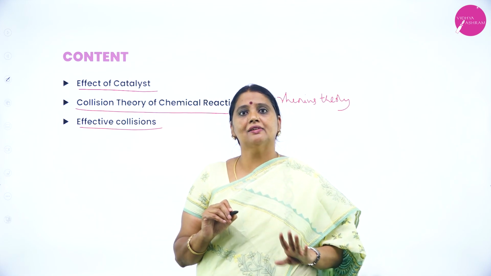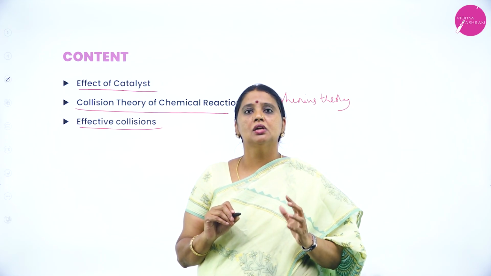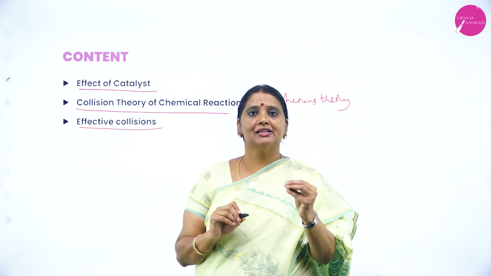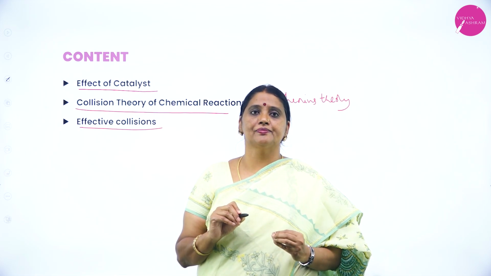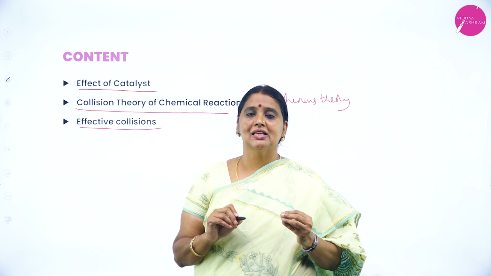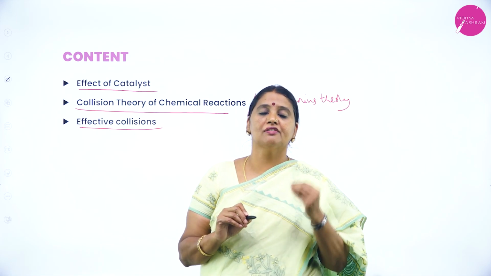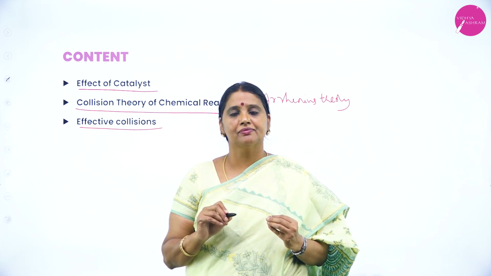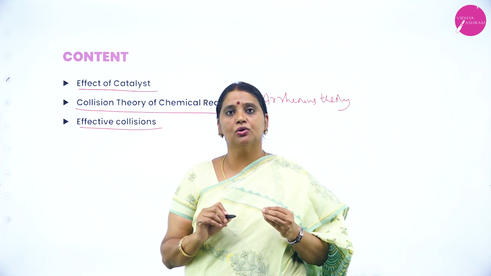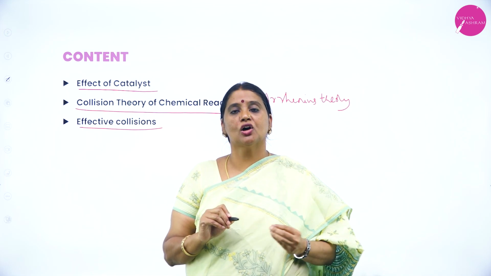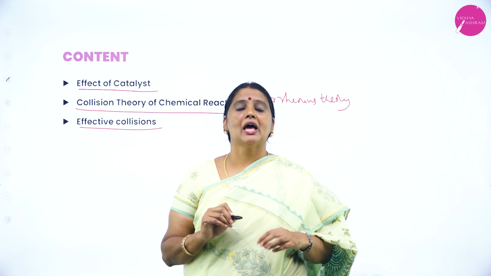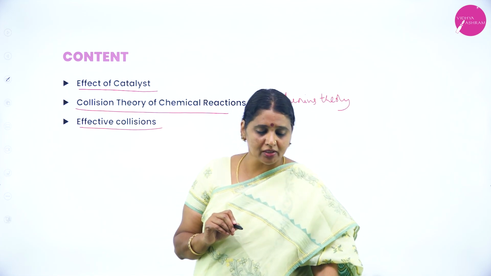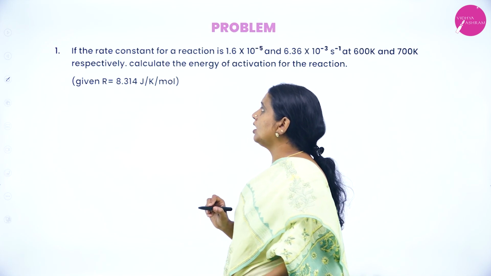Together with that, I am going to solve some problems related to the Arrhenius equation at two temperatures T1 and T2. Therefore, today in the last session of the chapter Chemical Kinetics, I am going to discuss the effect of catalyst on the rate of reaction, collision theory, effective collisions, as well as what? Problems. First, I will solve problems.